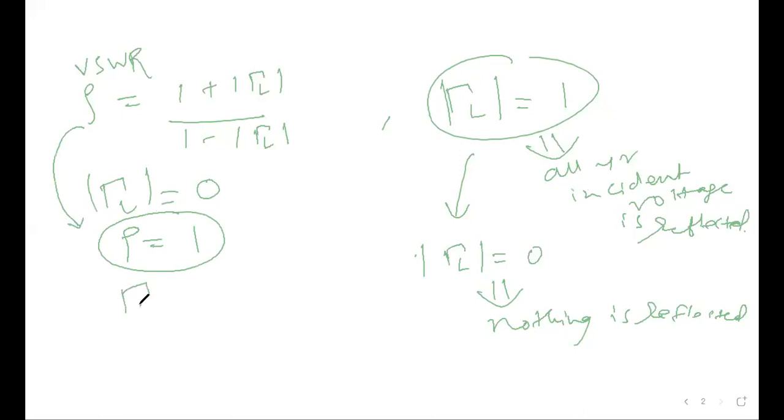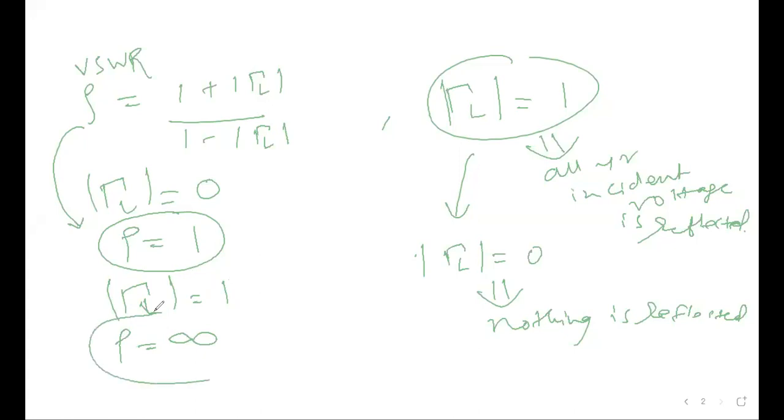Similarly, when we have mod of gamma L as 1, that means all our incident voltage, in terms of power, all our incident power gets reflected. So gamma L will be 1, and in that case VSWR will be infinite.